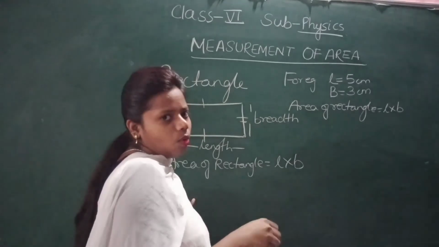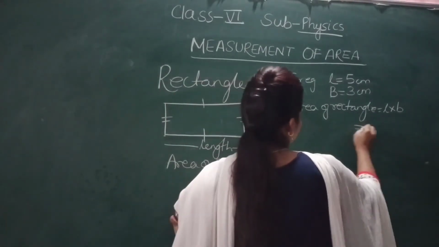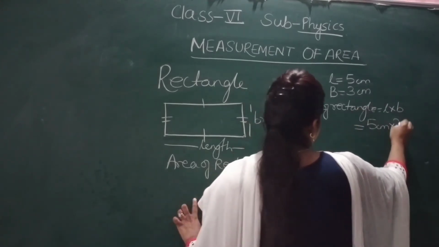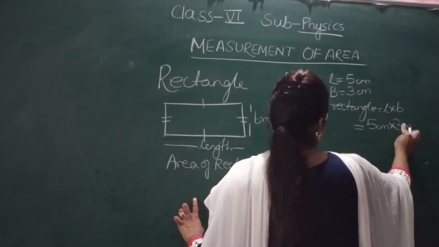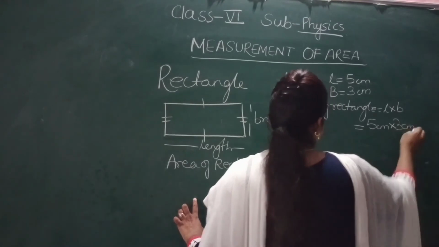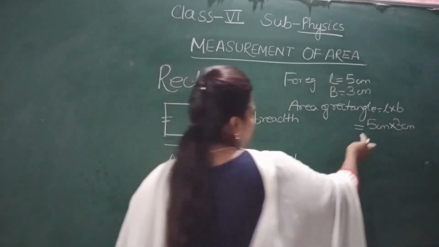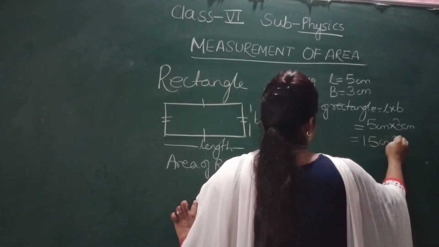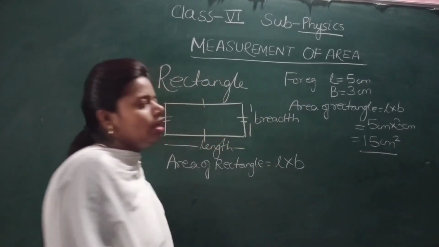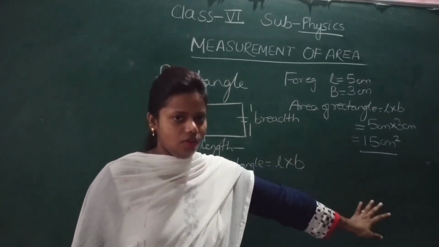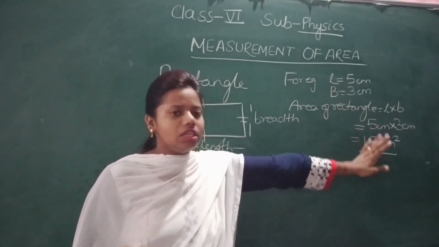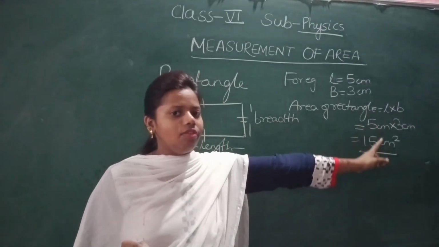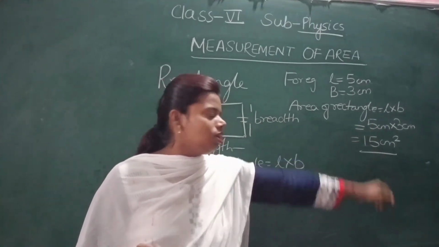Length is 5 centimeter and breadth is 3 centimeter. 5 3s are 15 centimeter into centimeter, centimeter square. So this is the area of the rectangle. Length is given, breadth is given, we have to find the area, so area is equal to length into breadth.